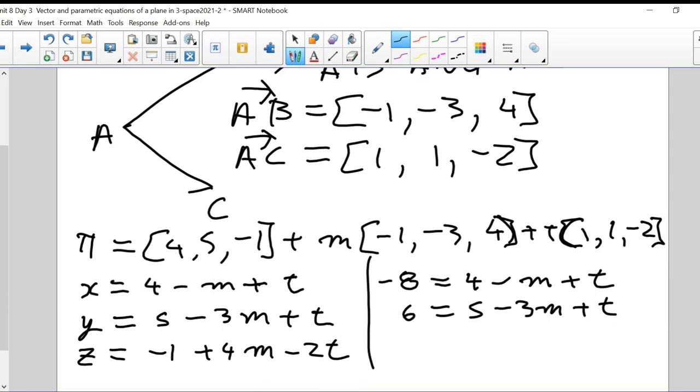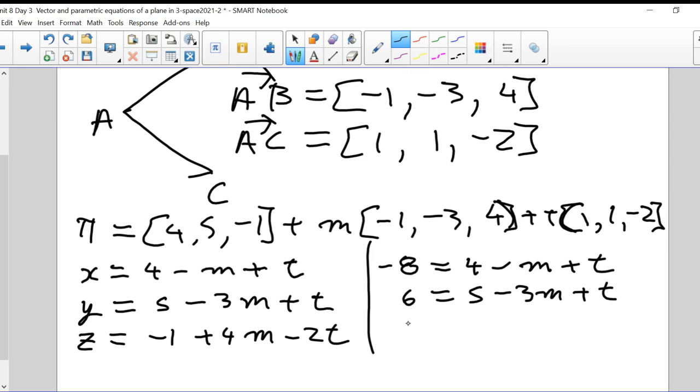Actually, we're going to be fortunate on this one, right? Because the t's have the same coefficient. So that's pretty helpful. Let me rewrite the top equation as minus 12 is equal to minus m plus t, right? I just took the 4 and brought it over. And then this one is going to be 1 is equal to minus 3m also plus t.